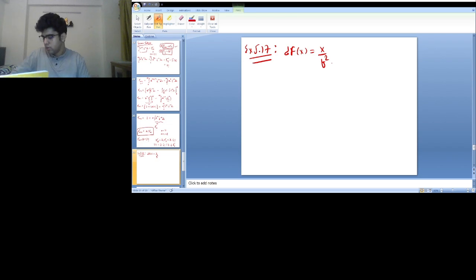I'll also be putting the link to this book in my description. So this is x upon b square, and the product is e to the power minus x square upon 2b square dx, where x lies between 0 and infinity.